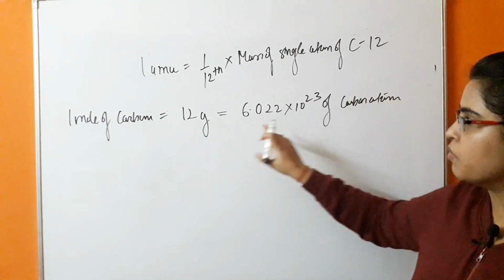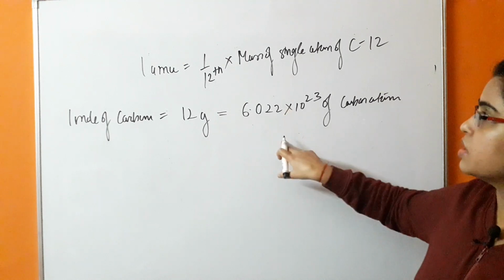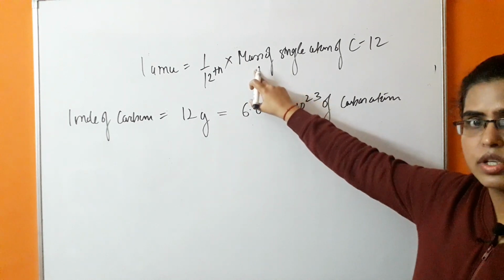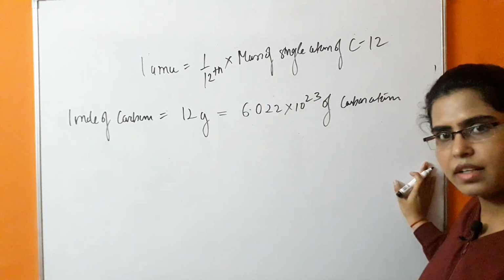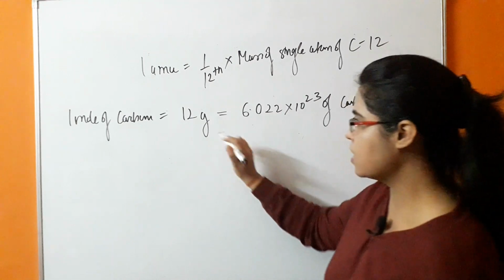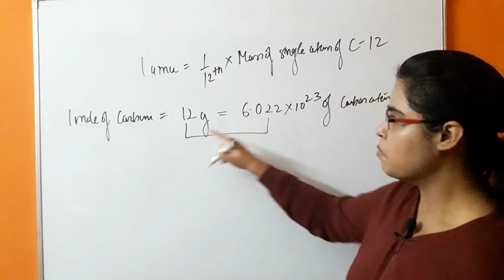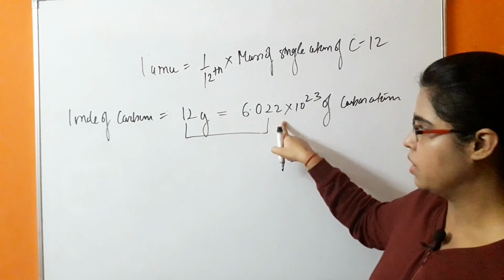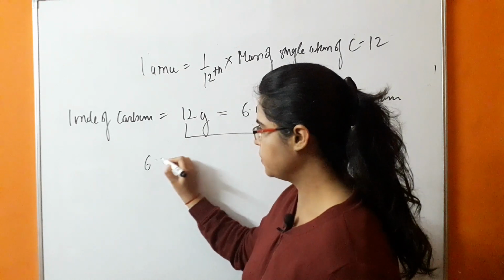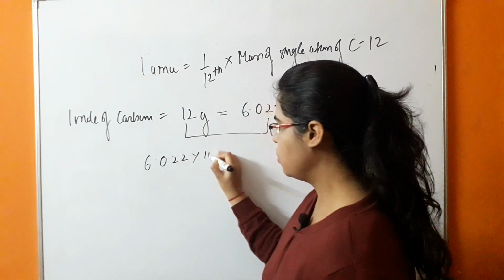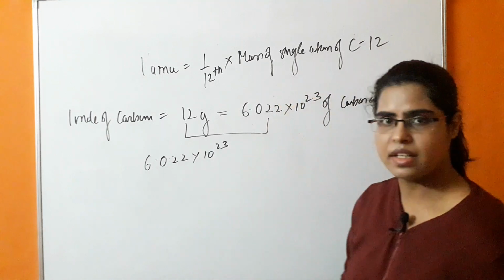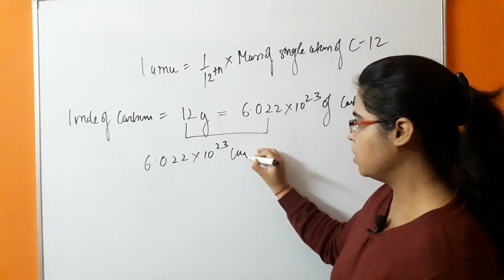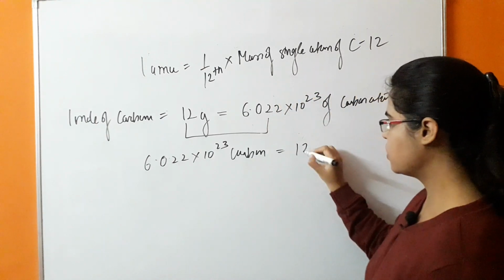In this we have to find out the mass. So what is happening in this case? The relationship is between mass and number. 6.022 into 10 to the power 23 atoms of carbon have a mass of 12 gram.